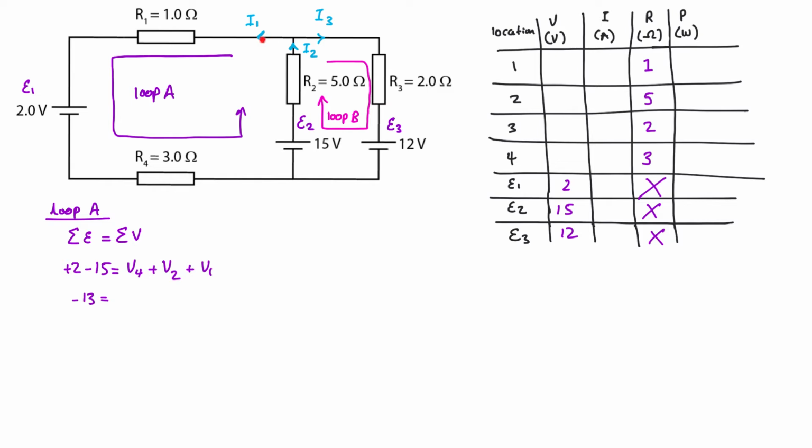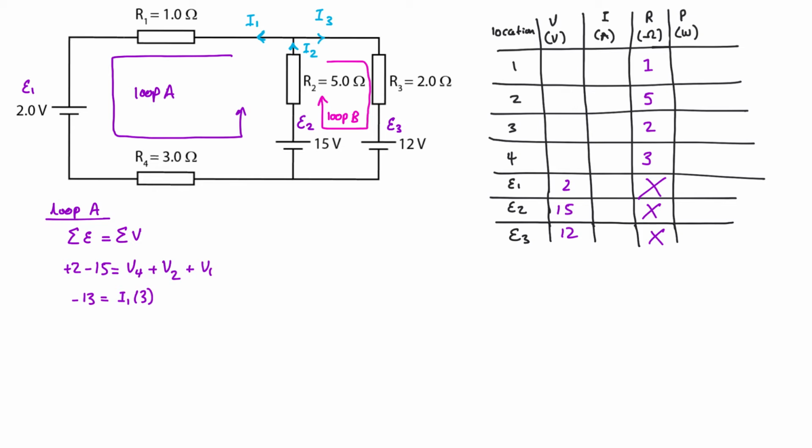The current that's coming here is I1. I1 is moving in the same direction as my loop, so I have to use a positive value for it. So I'm going to do positive I1, and it's going through resistor 4. You can write it as R4, but I'm just going to write it as 3 because the value of this resistance is 3.